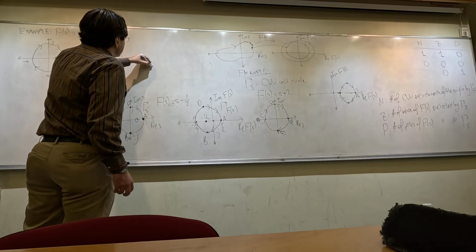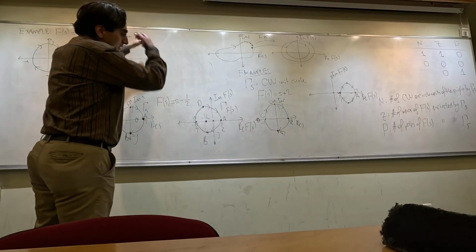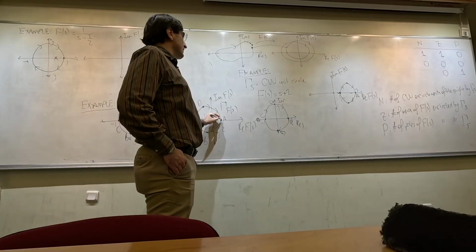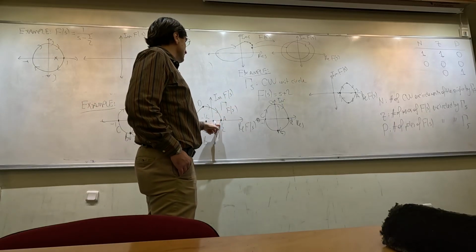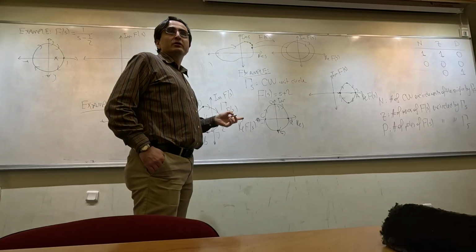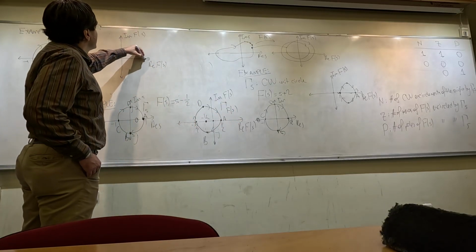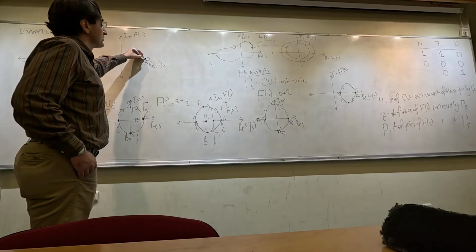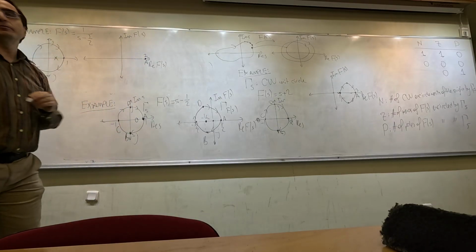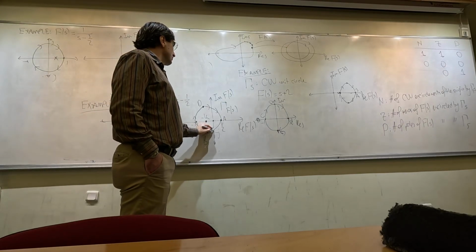So here my f of s plane, real f of s, imaginary f of s here. So I will go and try to take each point here, and I will take its reciprocal. So this is the point 1 over 2. 1 over 1 over 2 is 2. So the new point is going to be somewhere here. Okay, and this is the point 2. And then I'm going to come here.